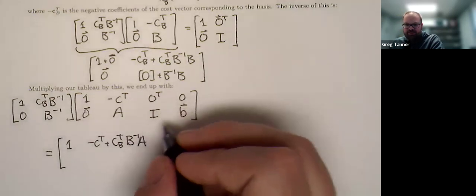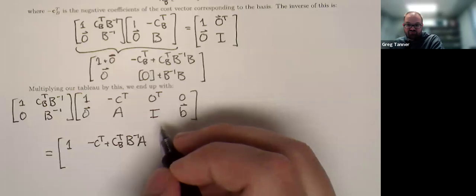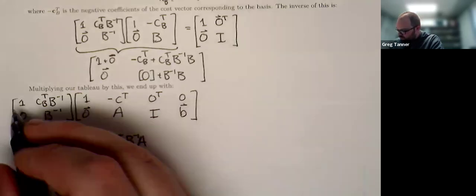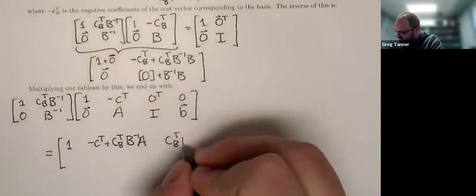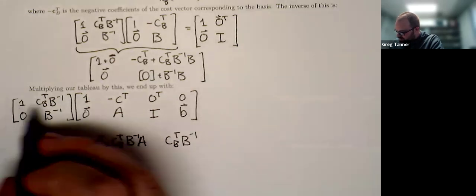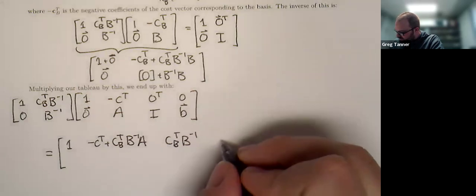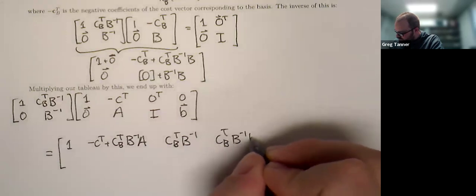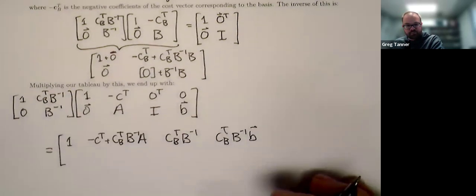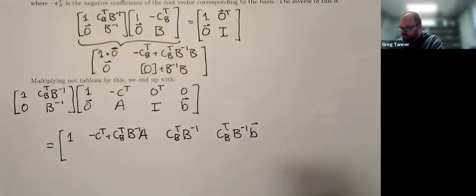Remember that the identity matrix is like multiplying by 1. It doesn't change anything. And so that times that will give us just CB transpose B inverse. And then this times this will give us 1 times 0 plus CB transpose B inverse B. Okay, that's our top row, our objective row.